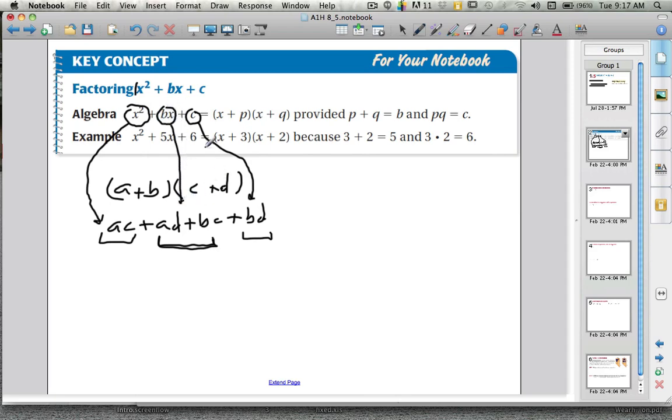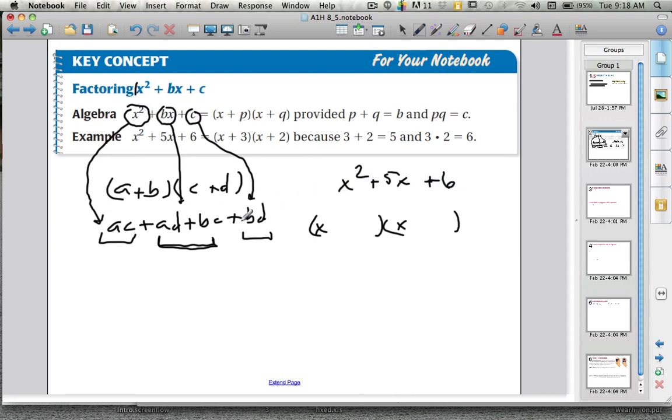Okay, so if we take a look at this example, they have x squared plus 5x plus 6. I know that my firsts were x and x. I can see here that I have a 6 that's positive, and the way I'd get a positive 6 would either be a negative times a negative, or a positive times a positive.